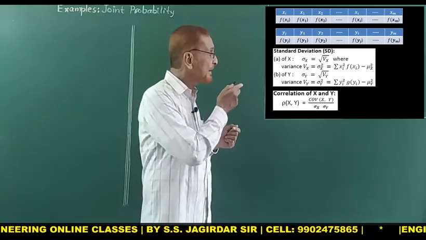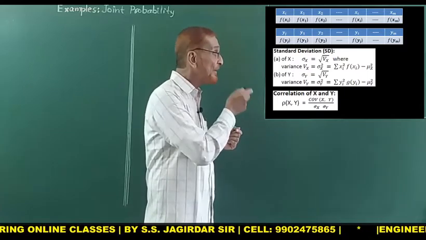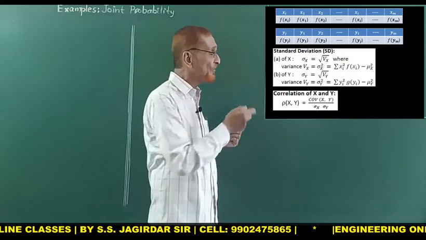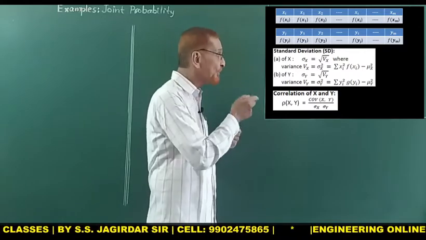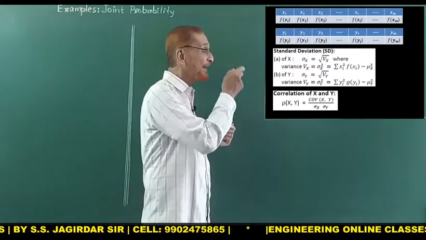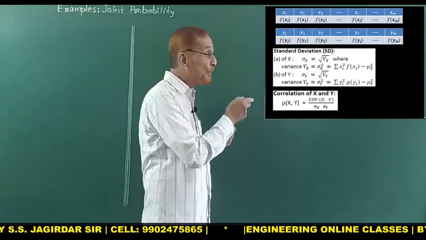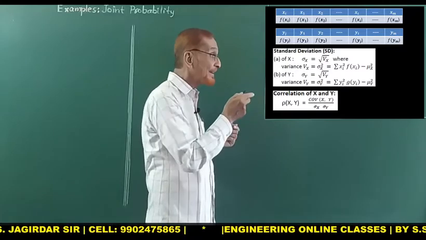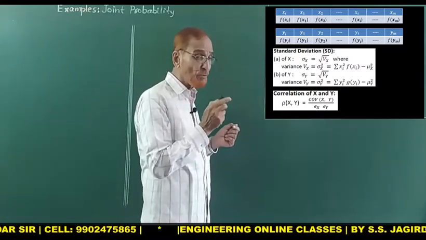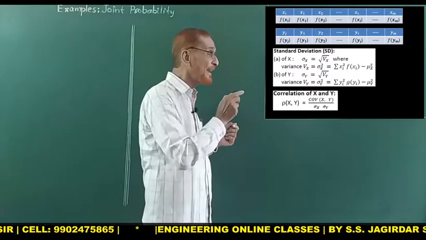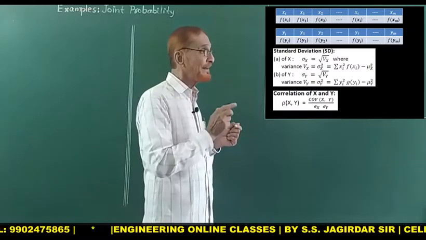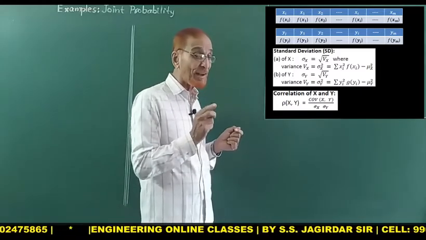How do we calculate Vy? Vy, the variance of y, is equal to sigma yj square into g(yj) minus mu y square. What does it mean? It means that you first take the sum of the product of two quantities, yj square and g(yj), and from that you subtract the square of the expectation of y.